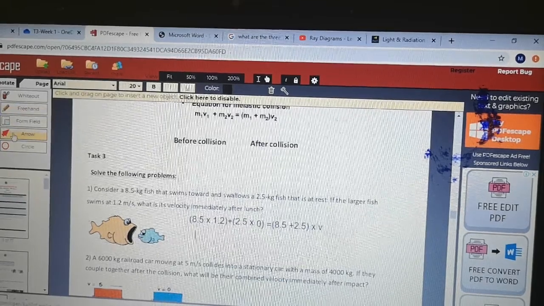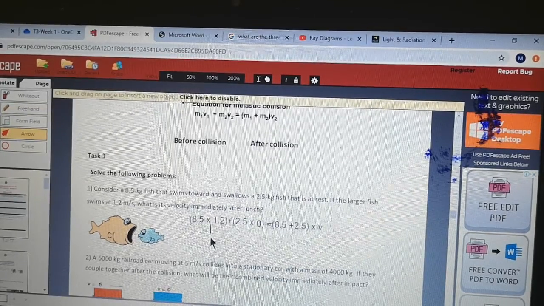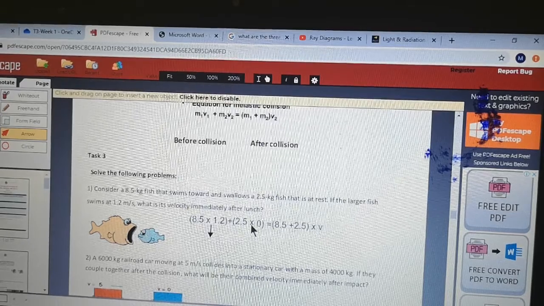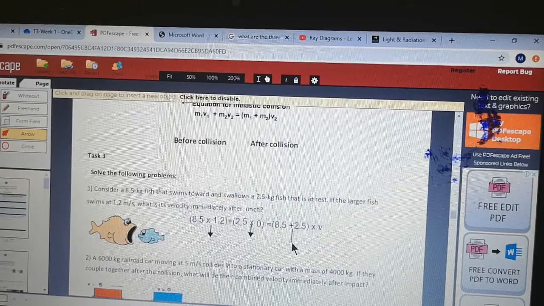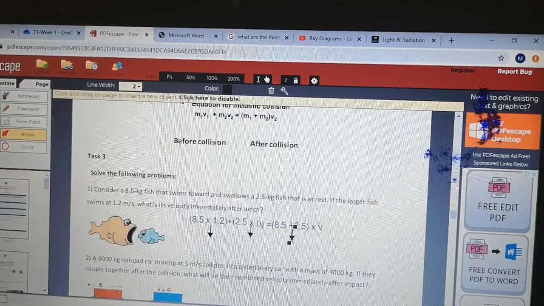Let's break it down. Do 8.5 times 1.2. Put it here. Do 2.5 times 0. Put it here. And do 8.5 plus 2.5 and put it here. Alright?